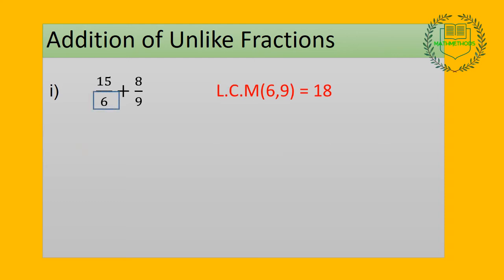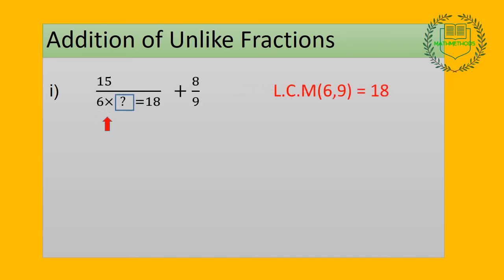Now look at the first denominator in our example. It is 6. Now, in order to have 18 as the denominator in place of 6, check 6 multiplied by which number will give us 18? 6 multiplied by what equals 18?